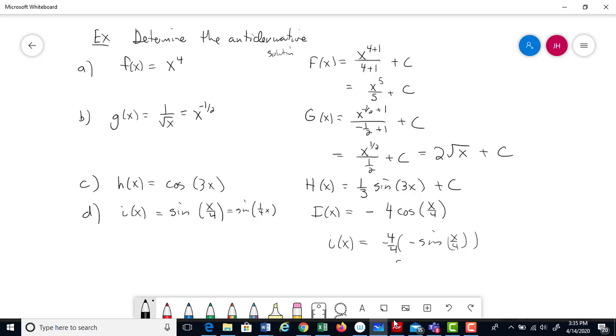So now we can see that this is actually the sine of x over 4. So we have to be careful. If this is 3 over 1, then its coefficient is going to be 1 over 3. But if this is 1 over 4, then its coefficient is going to be 4 over 1. Another way to look at that as well is you would have 1 divided by its coefficient, so that's why you can write it as minus 4 cosine of x over 4 plus c.